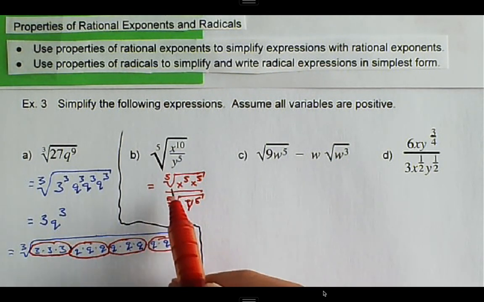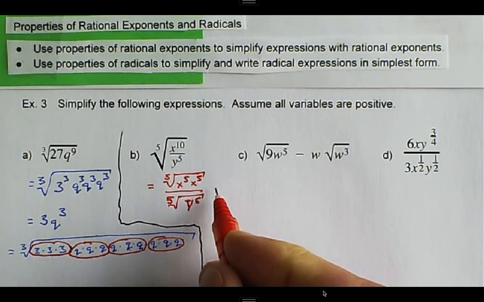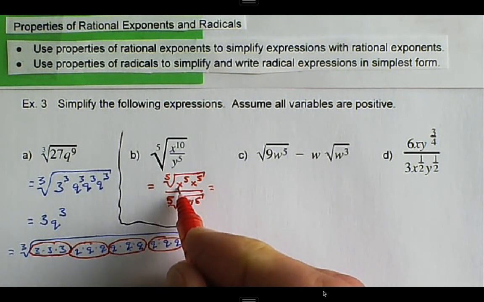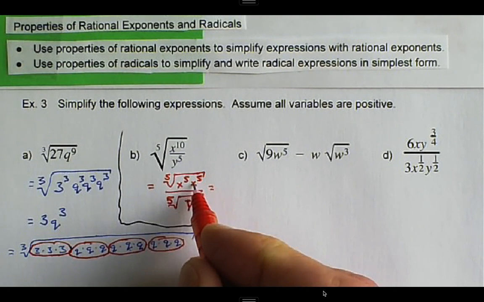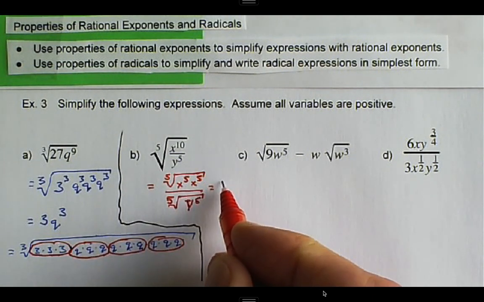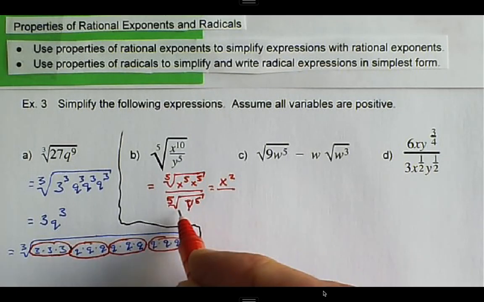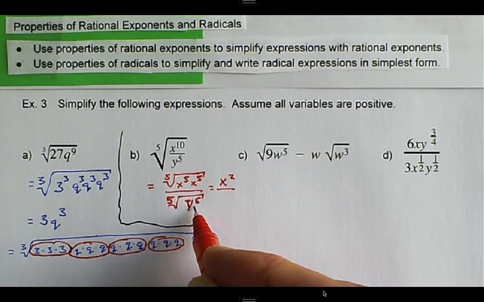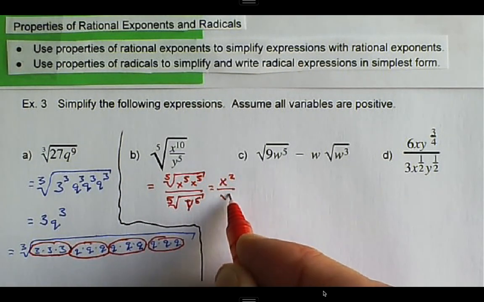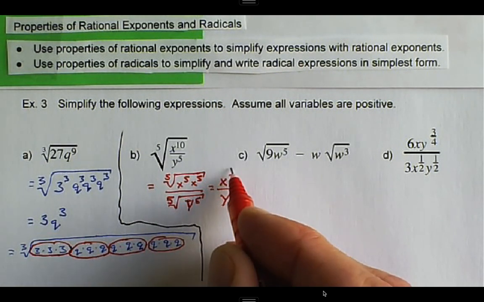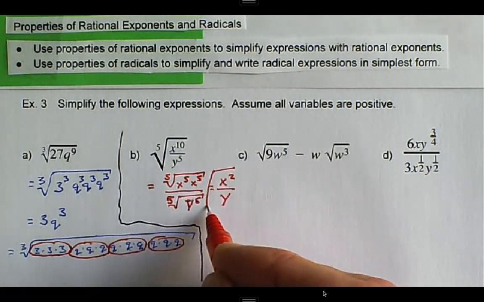What we can pull out is one x to the 5th and another x to the 5th, so that comes out as x squared. And in the denominator, we have just one set of 5 y's, so that just stays as x squared divided by y.